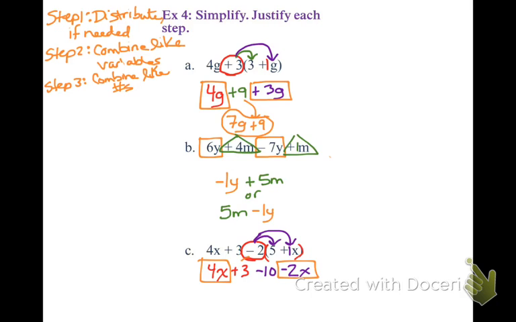And then these two go together. So 4x minus 2x is 2x. And 3 minus 10 is negative 7, or plus negative 7, I don't know, minus 7, whatever you want to do. We'll get you out of the plus negative, but right now this will work.